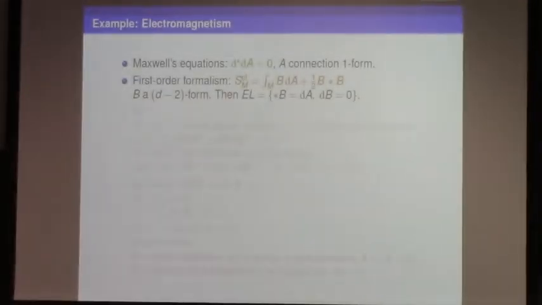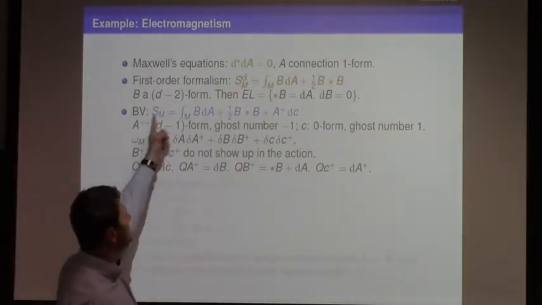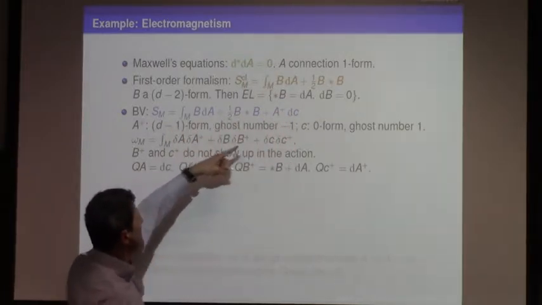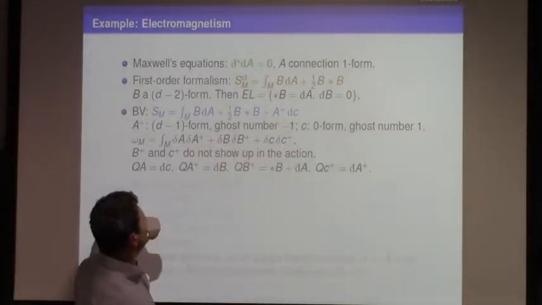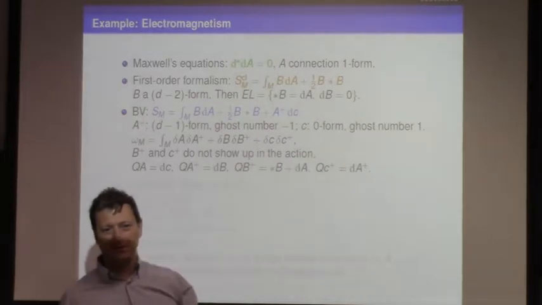This is called first order formalism. And now, you can do what I explained yesterday. What you have to do is add terms. You have to introduce generators for the Lie algebra that act on this space. The symmetries here are just that you can change A by an exact form.